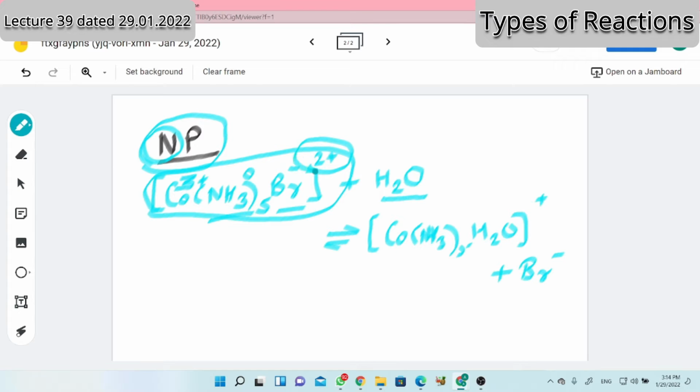Ammonia is neutral, water is neutral, so the metal carries +3 charge and the ligands carry no charge. So the total charge is +3. That was the expectation.